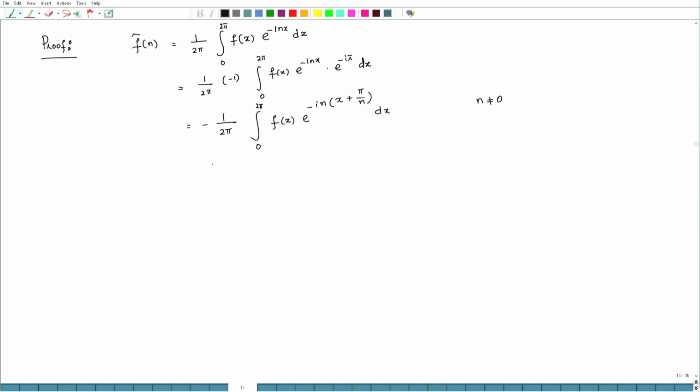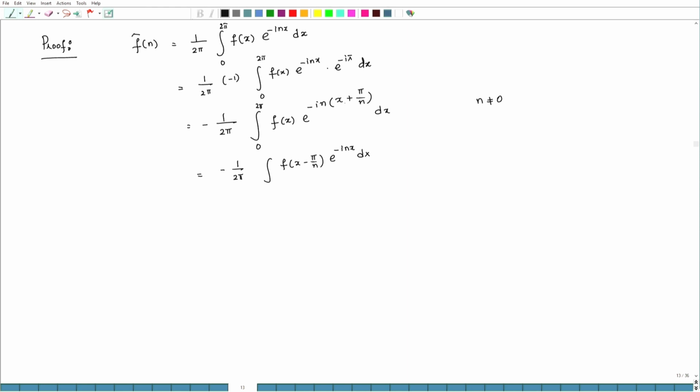Now, if I make a change of variable, then this is going to be minus of 1 by 2 pi integral of f of x minus pi by n e to the power minus i n x dx, and the limit is going to be whatever it is.